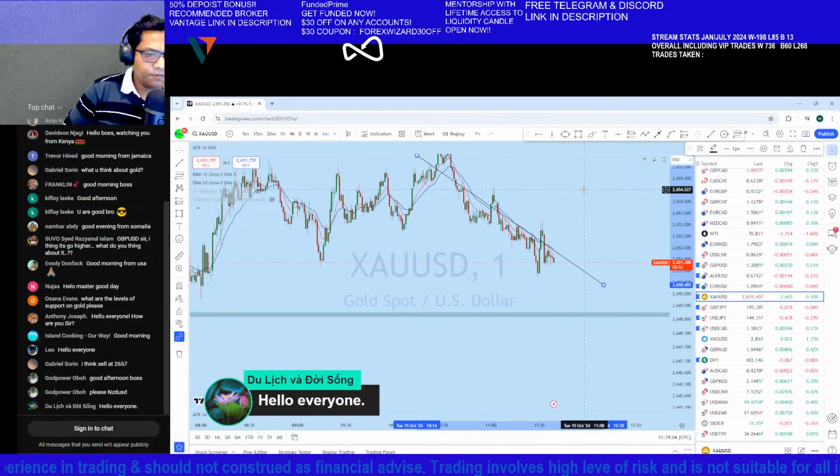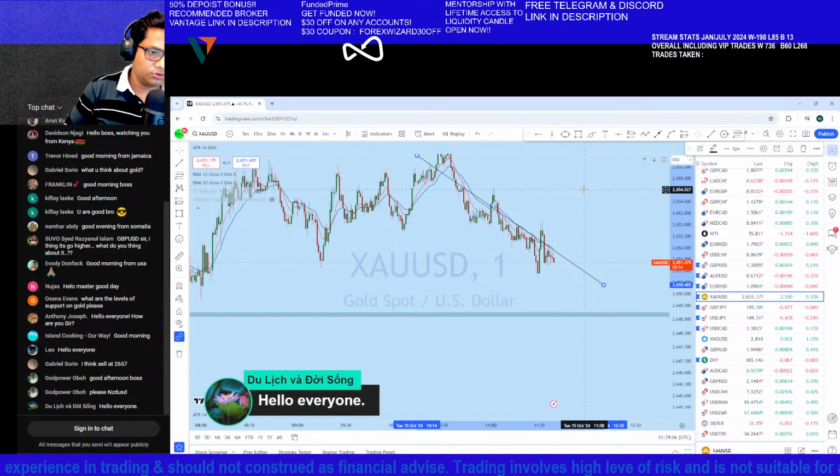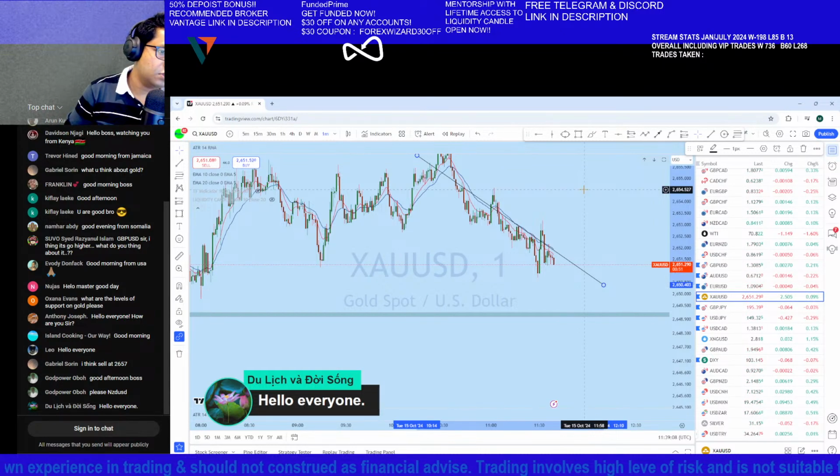Okay, so this is an important resistance line, and with that resistance, expecting for the market in this area to revert back to the support level.